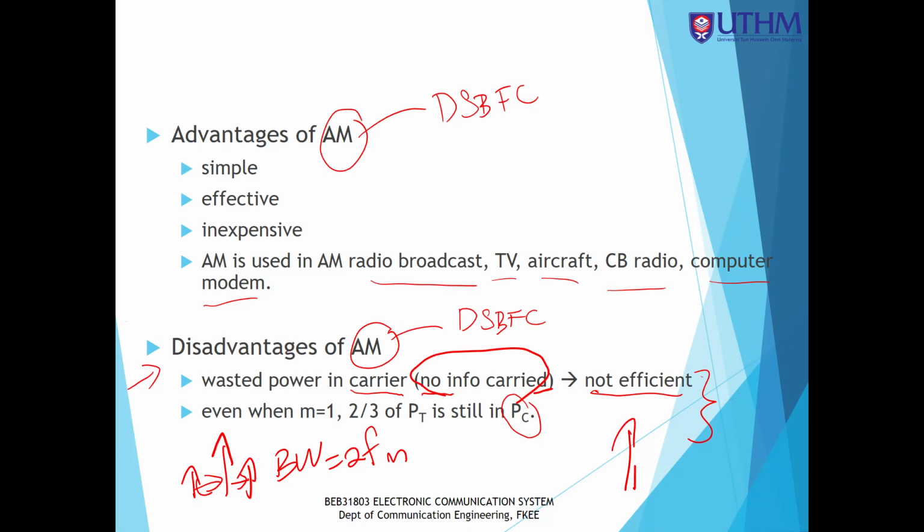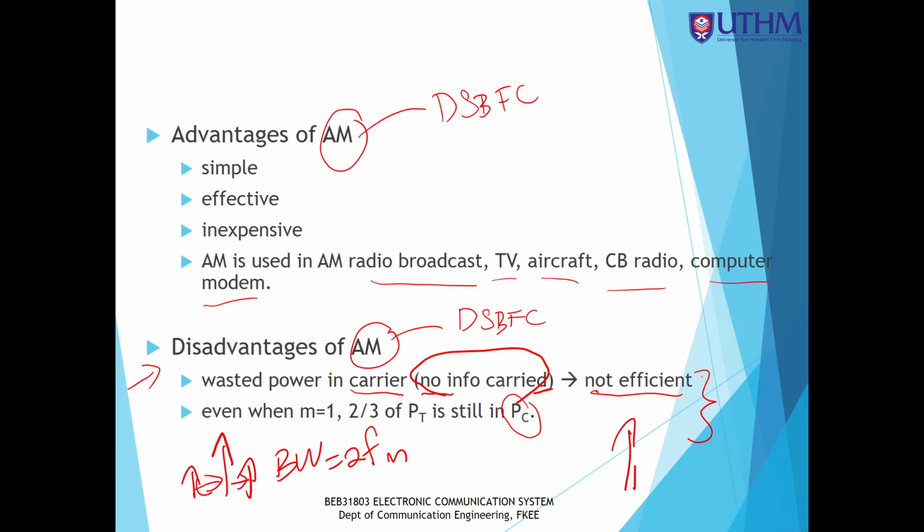Example 3.3: an AM broadcast station has a peak carrier voltage of 2 kilovolts. This is for the carrier voltage, VC. So VC is 2 kilovolt. And then it is amplitude modulated to an index of 75%.